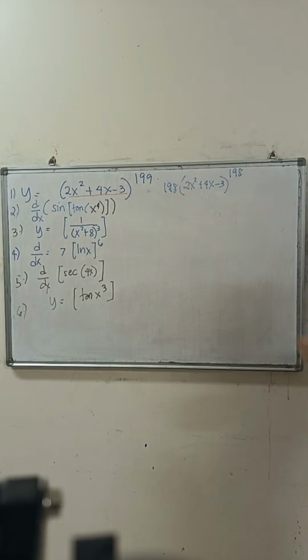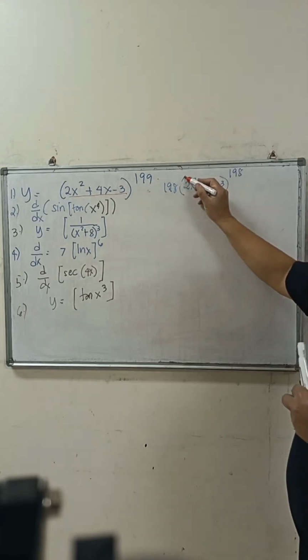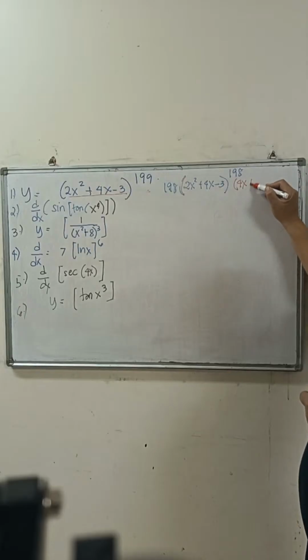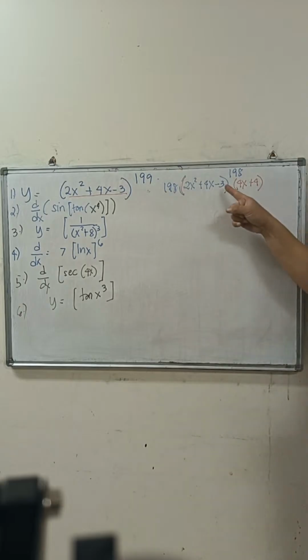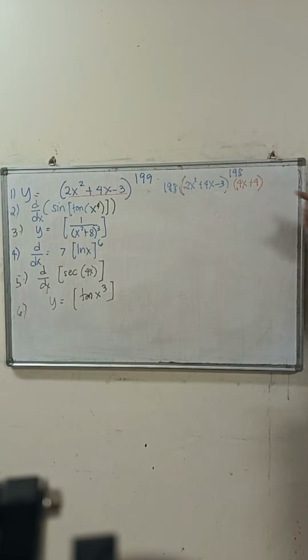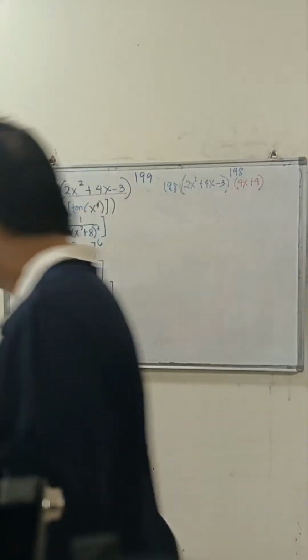Then differentiate the inside of the bracket: this is 4x plus 4, and the derivative of negative 3 is 0. So this one is 198 times 2x squared plus 4x minus 3 to the power 198 times 4x plus 4. You get the point.